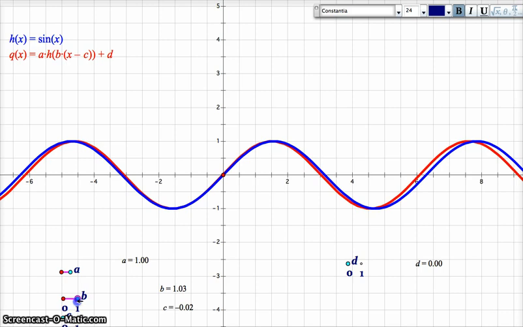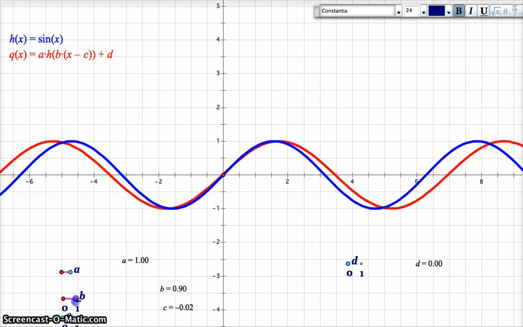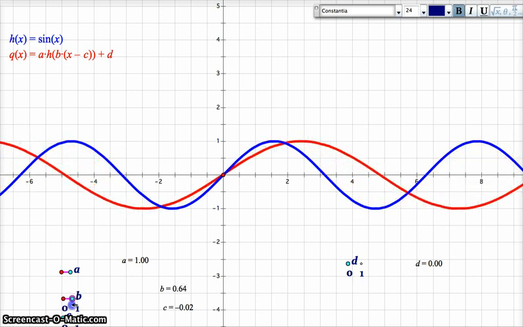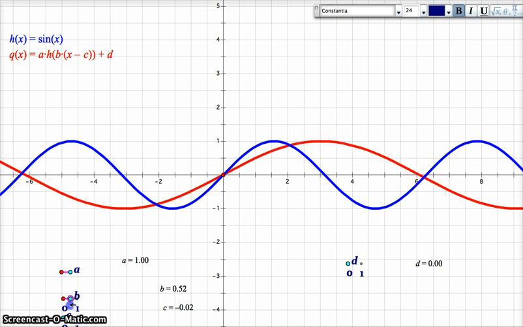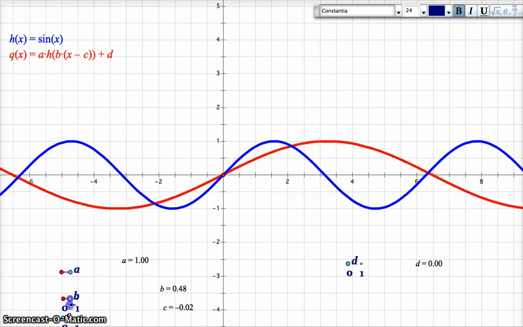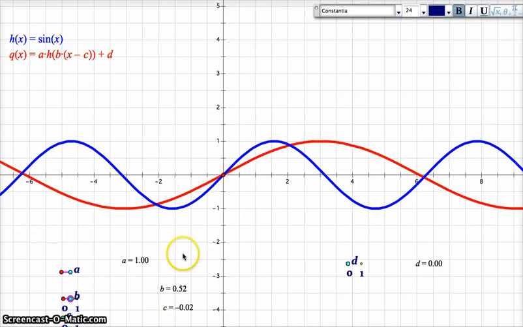So what happens if I multiply by a number that's less than 1? Maybe 0.5. This is about as close to 0.5 as I can get. When I multiply by 0.5, my original function, again, the blue function, took a little more than 6 to get, well, I can't even actually see it all in my stretched graph.